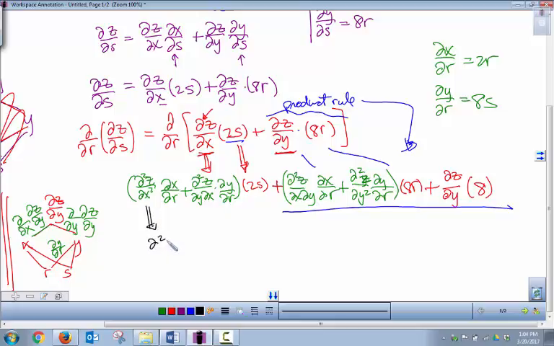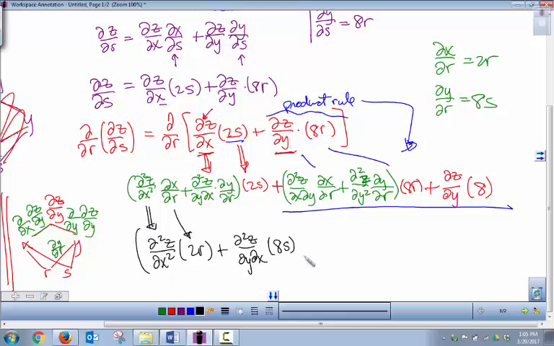We have partial squared z, partial x squared, and dx dr is 2r. Partial squared z, dy dx, and assuming that this is a nice function, dy dx and dx dy are going to be the same, and we'll deal with that later, times dy dr is 8s.